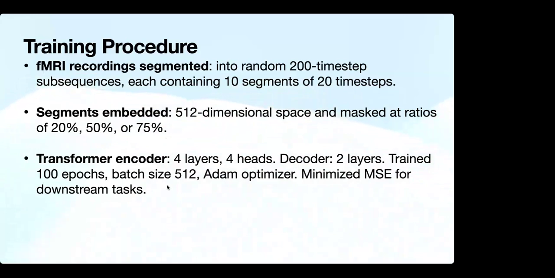The transformer encoder consists of 4 layers, 4 heads, and the decoder consists of 2 layers. It was trained for 100 epochs. The batch size was 512, and the Adam optimizer was used. And they utilized mean squared error for the downstream tasks.